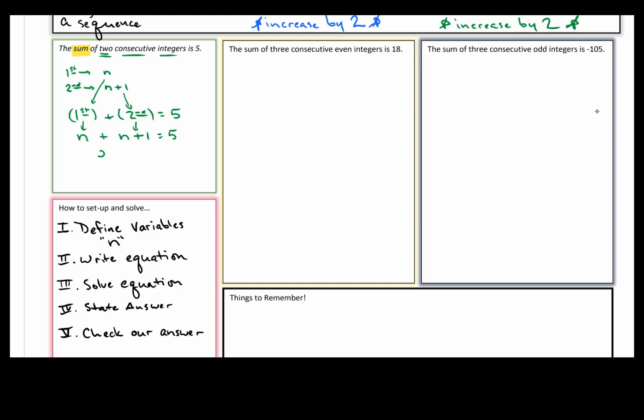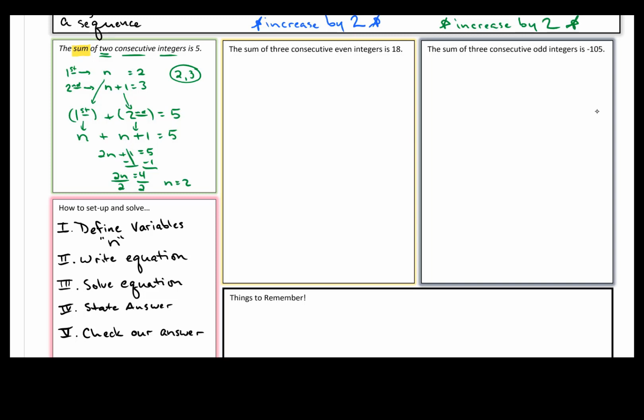Now combine your like terms: 2n plus 1 equals 5. Solve the equation. So n equals 2. So our first integer is 2, and our second integer is 3. So the two integers would be 2 and 3.